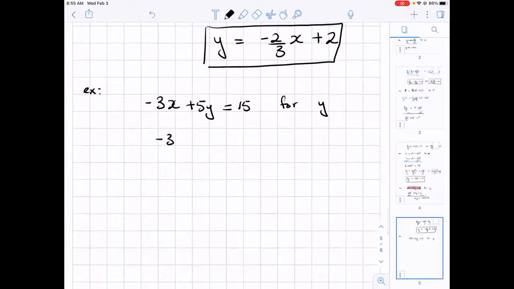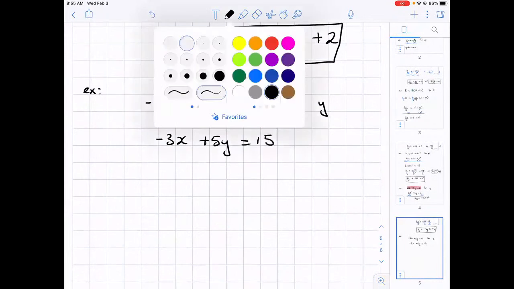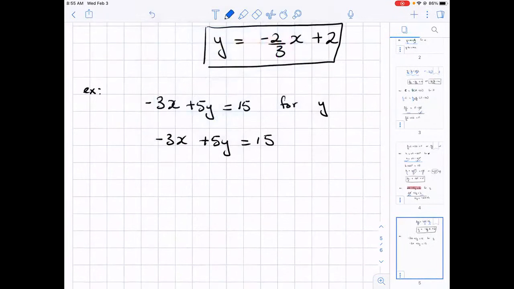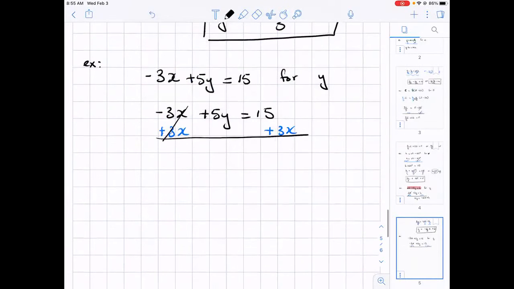So minus 3x plus 5y is equal to 15. I want to leave y, so what I'll do is move the x first. So I will add 3x to both sides. When we do this, this becomes 0. We have 5y is equal to 3x plus 15.